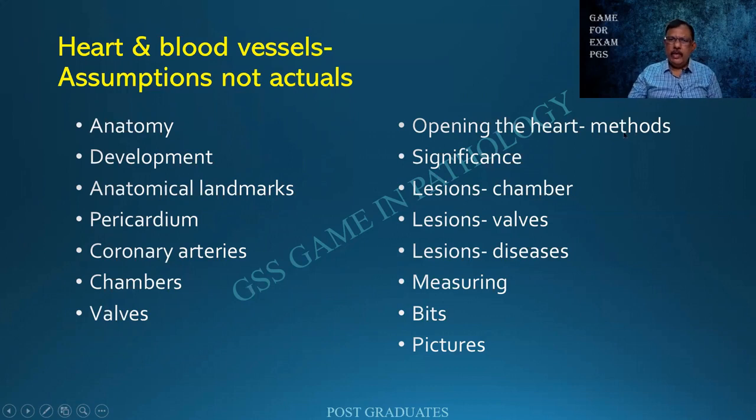Also, we shall be concentrating on the methods of opening the heart, the significance in each region. The lesions can be found chamber-wise, valve-wise, and disease-wise, measuring where to take the bits from and the pictures.